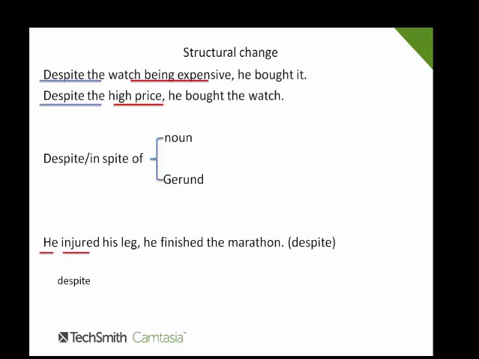It should change to an object pronoun. So him. So despite him. Then we have the verb. So this verb, we should add the ing or the gerund form, and the gerund form of injured is injuring, right? His leg, comma, he finished the marathon. So this is it. Despite him injuring his leg, he finished the marathon.